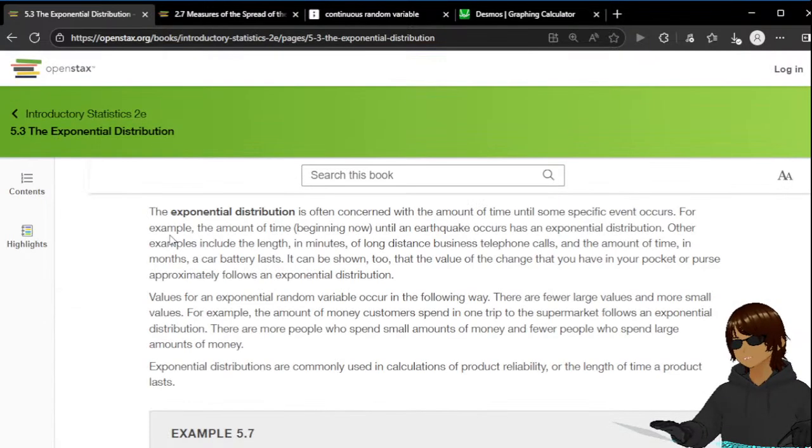The exponential distribution. Exponential distribution is often concerned with the amount of time until some specific event occurs. For example, the amount of time beginning now until an earthquake occurs has an exponential distribution. Other examples include the length in minutes of long distance business telephone calls, the amount of time in months a car battery lasts.